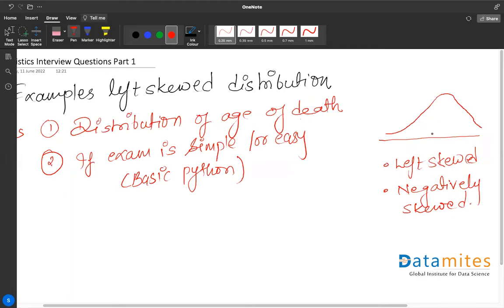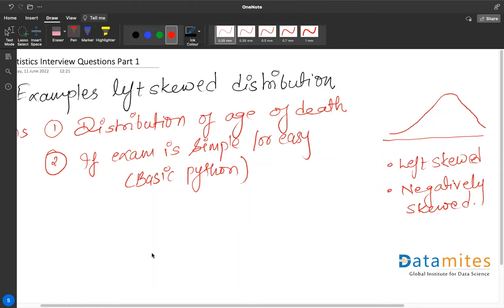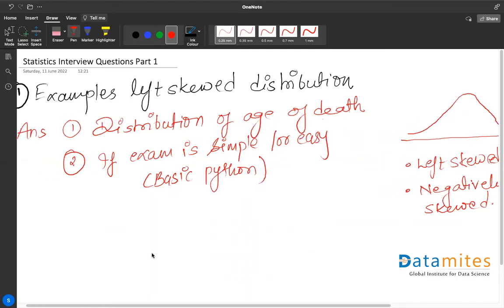So these are the two examples of left skewed distribution.